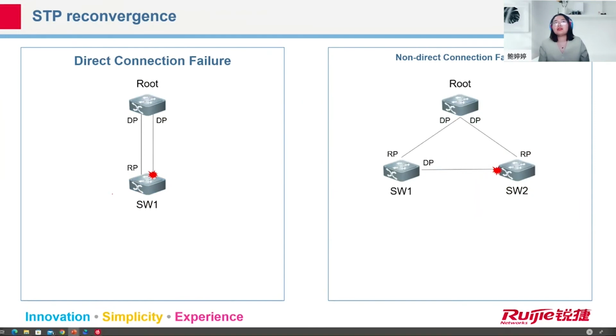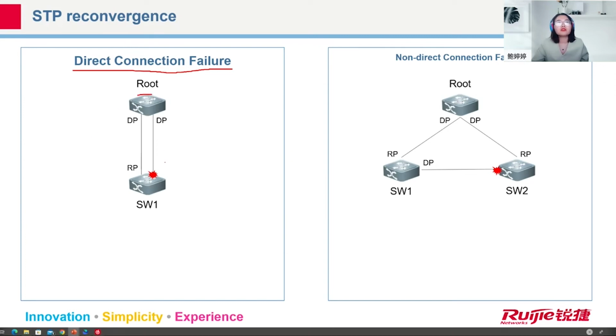And let's see the recovery time. Someone may say that if one link is broken and the new link can be used, it takes 50 seconds. But in some scenarios we only need 30 seconds. For example, about the left one, a directly connected failure.